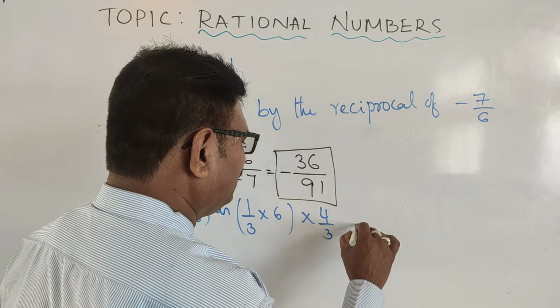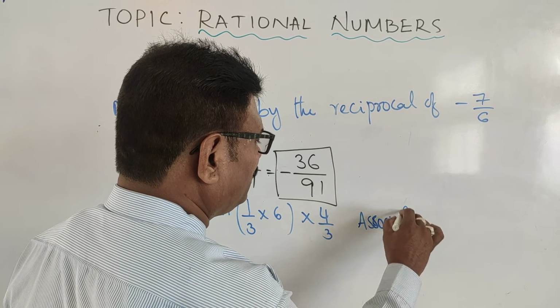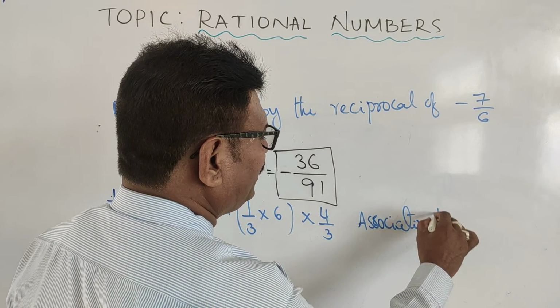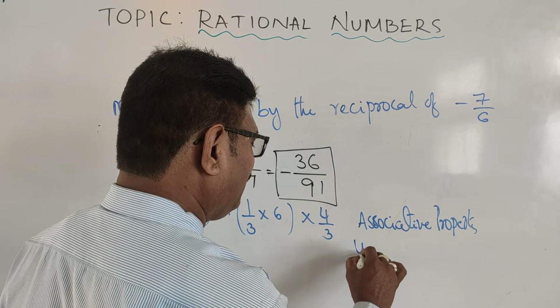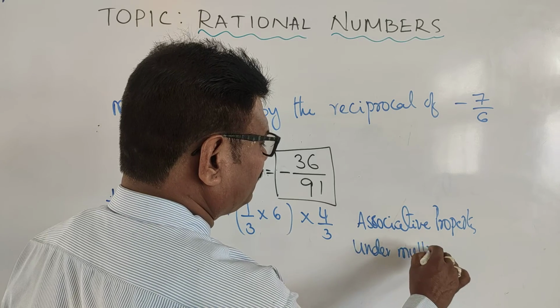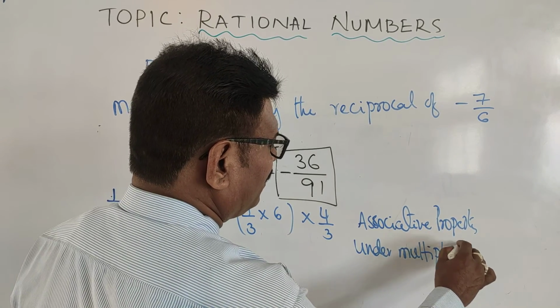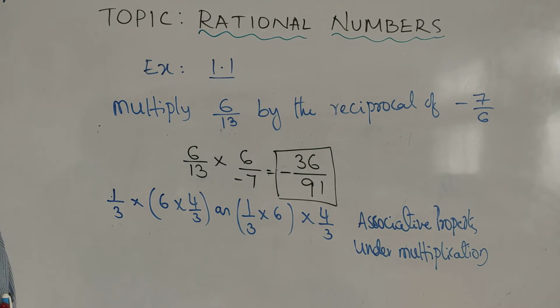It is nothing but the associative property under multiplication. Clear?